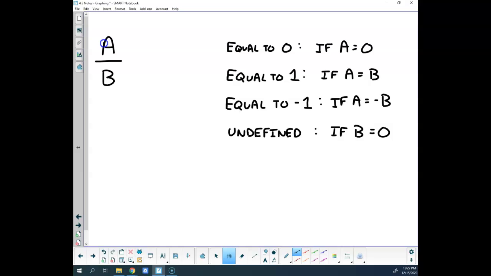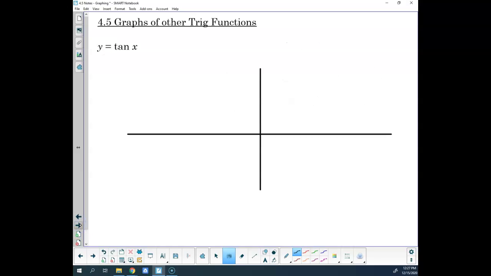Okay, let's do this. Graph. We want to graph y equals tangent of x on the interval negative 2 pi to positive 2 pi.